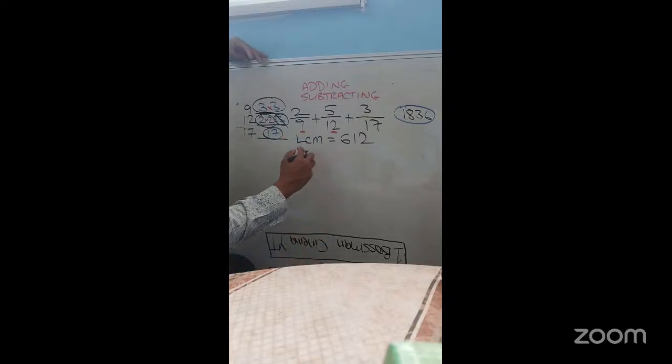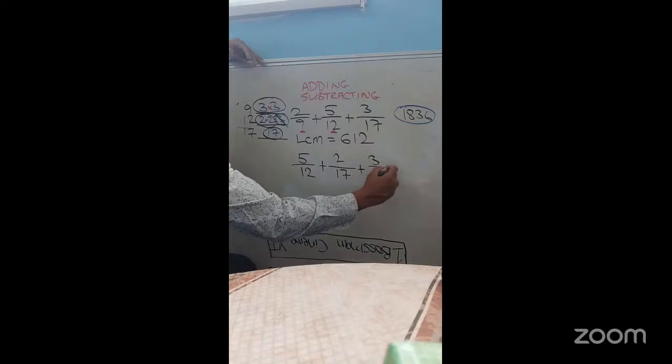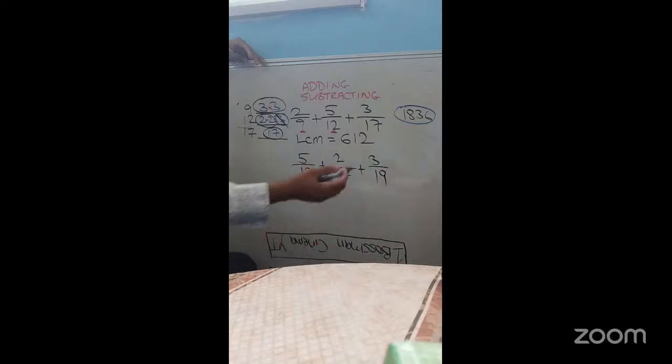So let's say we had something like this. What would happen if it was like this? Right? We'd have 12, 17, and 19. We'd have a 17 there.